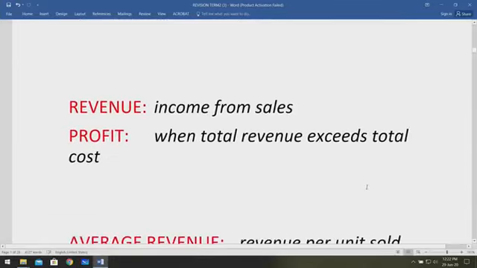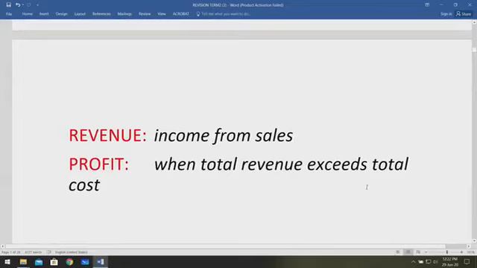Then the difference between revenue and profit. Revenue is the money that you receive from what you have sold. So that's your income from sales, the money that you receive from all the goods sold. But the goods sold doesn't necessarily represent your profit.